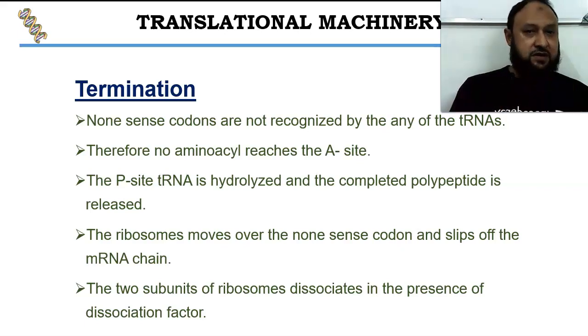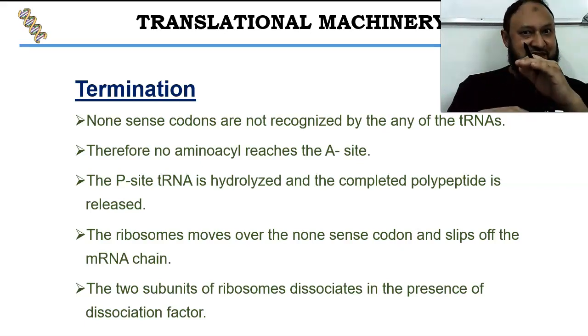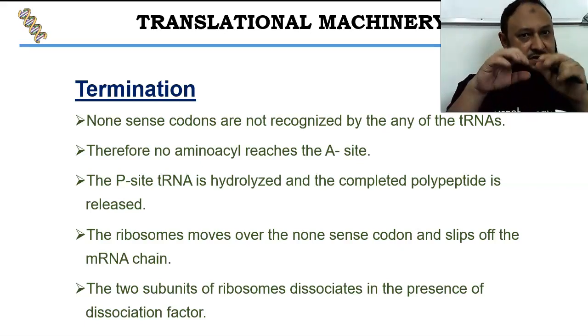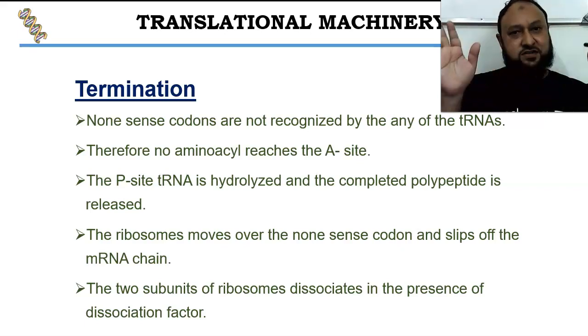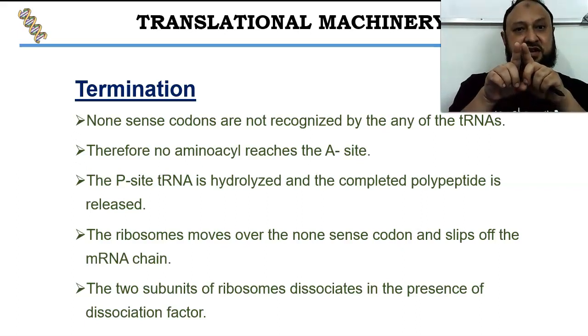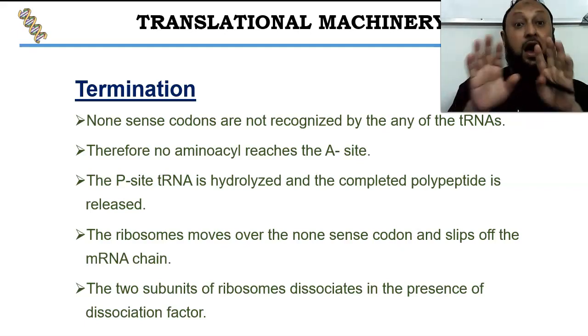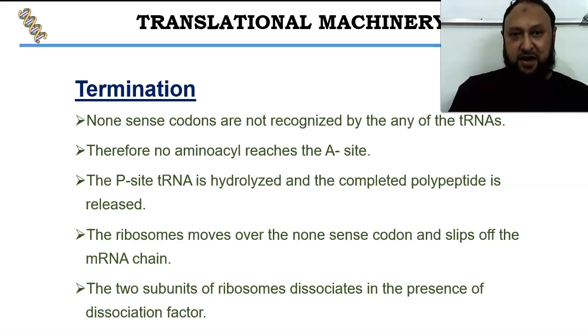Some research is still going on about the dissociation factor, not in much detail, and not at the level of class 12 or NEET. But it has been understood that there is some dissociation factor which causes the dissociation of the two ribosomal subunits, larger and smaller, after completion of the polypeptide chain.